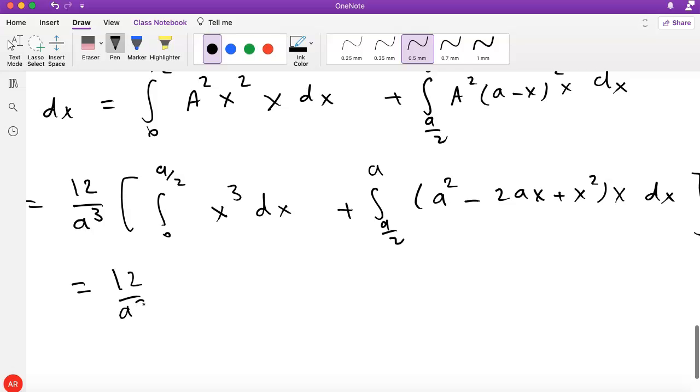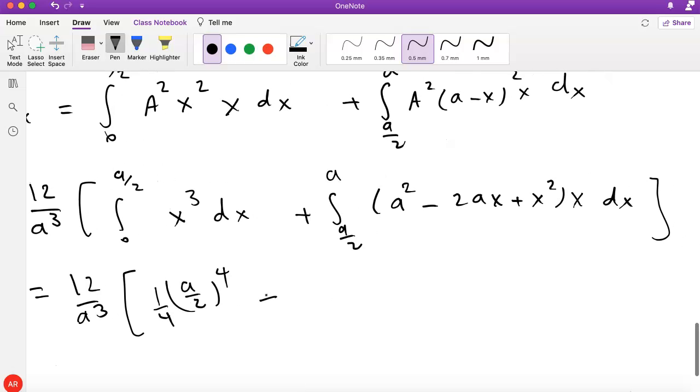So that's 12 over a cubed. The x cubed integral is x to the 4th over 4, so that's going to be a over 2 to the 4th over 4. Plus, doing this integral, the a squared x integral is x squared over 2. We have minus 2ax squared, so it's going to be minus 2ax cubed over 3.